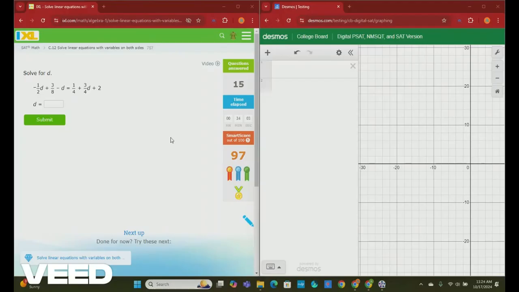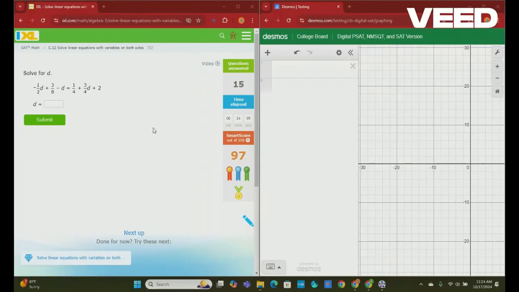Okay guys, this is our third part, so let's get to it. We're going to solve for d. In this scenario, it's going to be negative 1/2 d plus 3/8 minus d is equal to 1/4 plus 3/4 d plus 2.